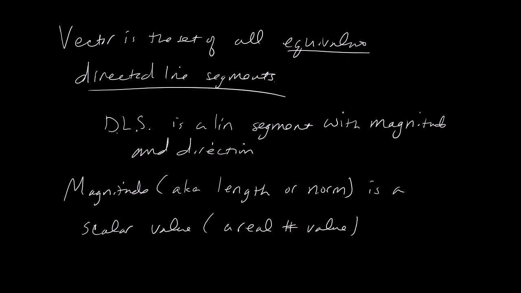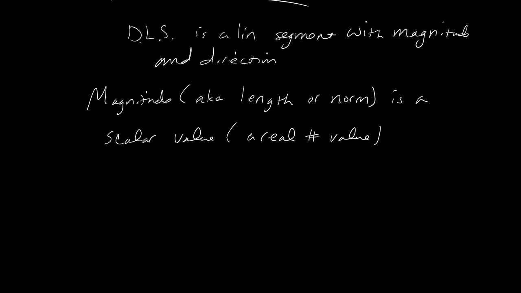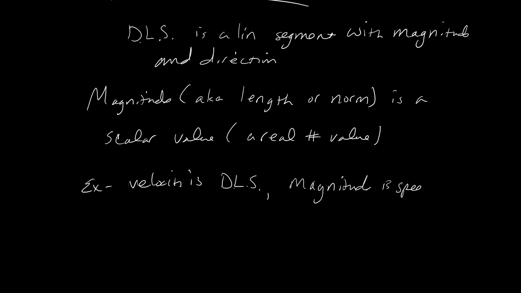For example, velocity is a directed line segment. The magnitude of a velocity would be the speed. I could say, I'm driving south 50 miles per hour.